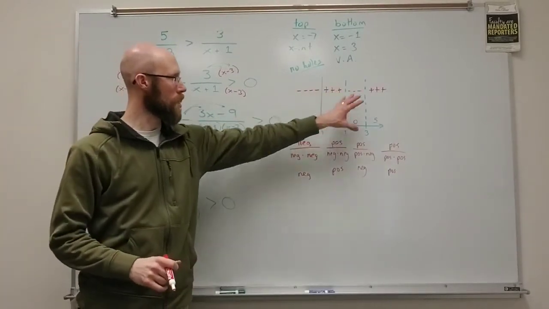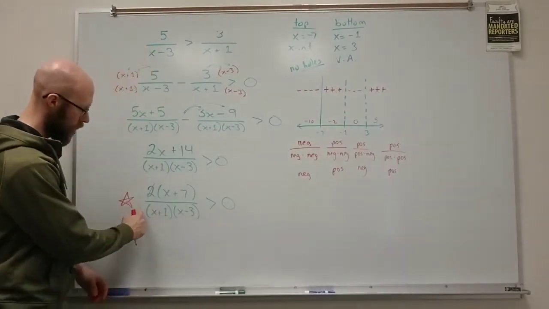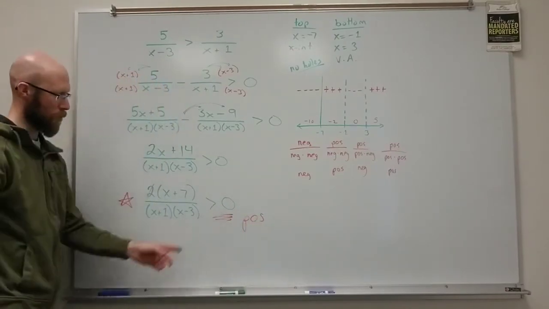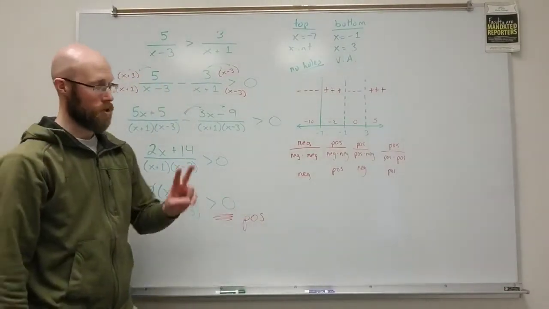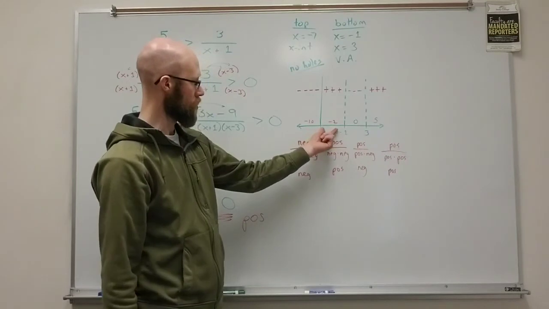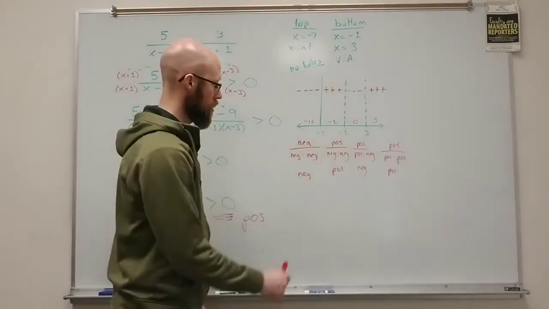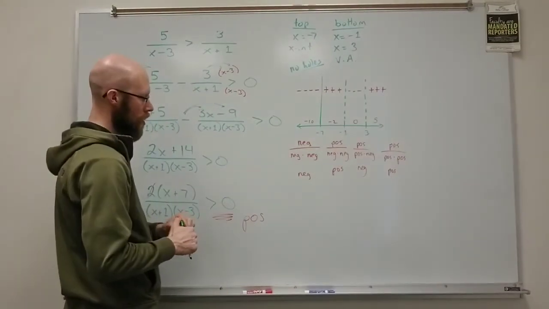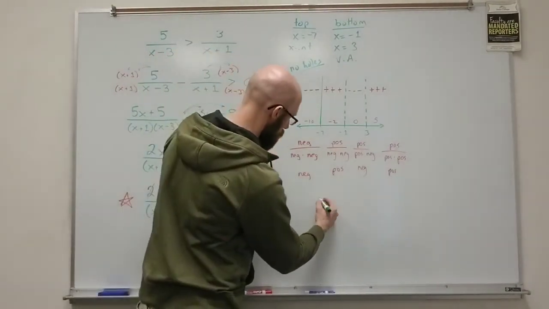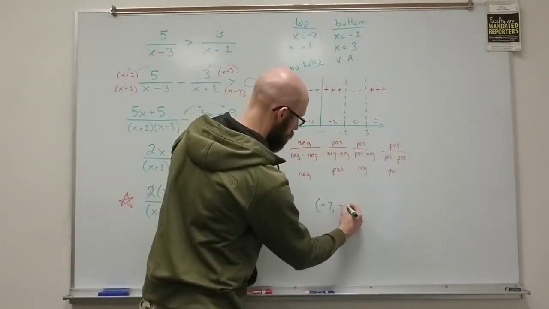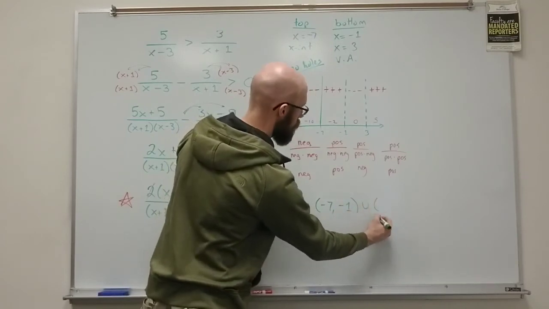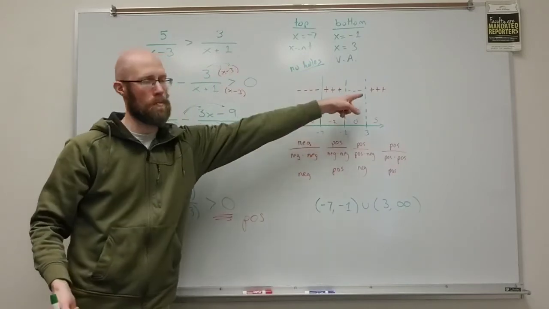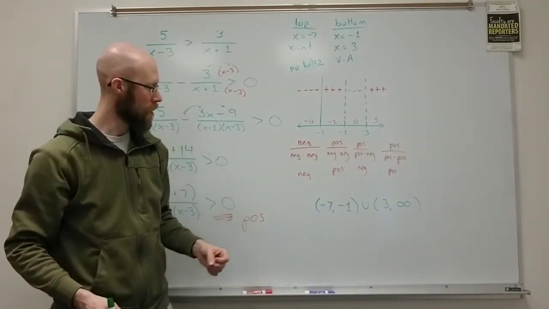So now using my sign chart, I can see I want values that are positive, right, greater than 0. And there are 2 such intervals, the second and fourth. Okay. So my final solution will be all x values in the interval from -7 to -1, union with 3 to infinity. Those are my 2 intervals with positive value outputs.